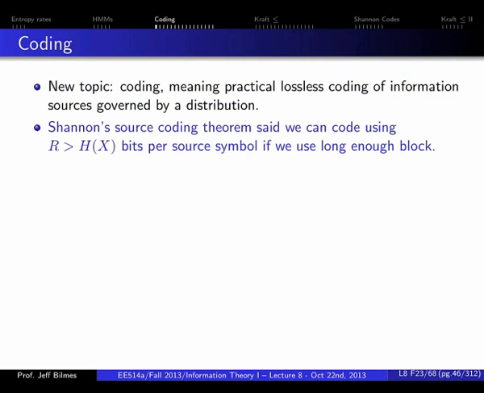Shannon said that if we know the entropy of the source, we don't even need the probability distribution. We can just code for what happens, and the only things we need to code for are the typical set, and there are only going to be 2 to the NR possibilities. We don't need to know the probability distribution. But that's not really a practical code.